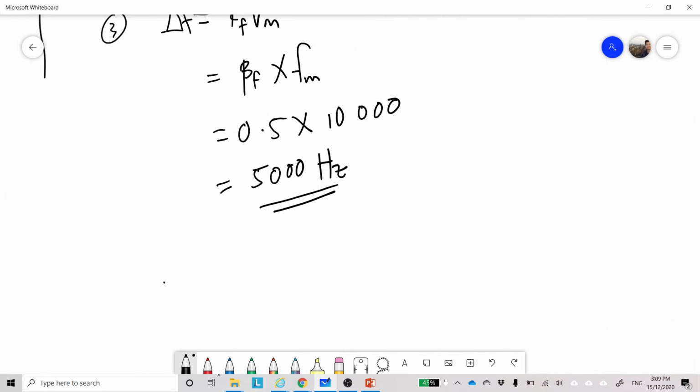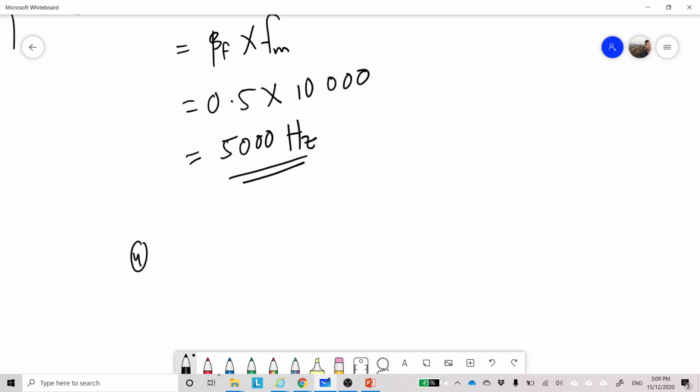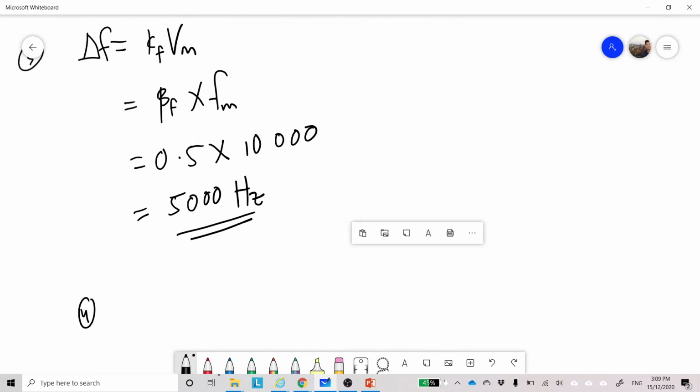Question number 4 is about the modulation sensitivity KF required to achieve part C. So you are given a value of 200 millivolt in order to achieve this question number 3.